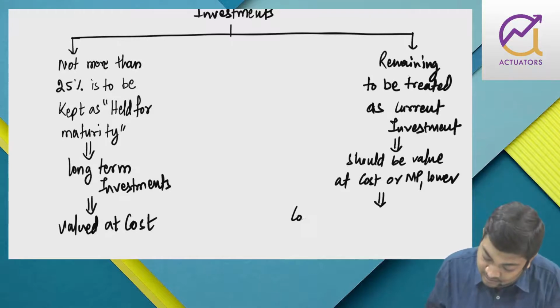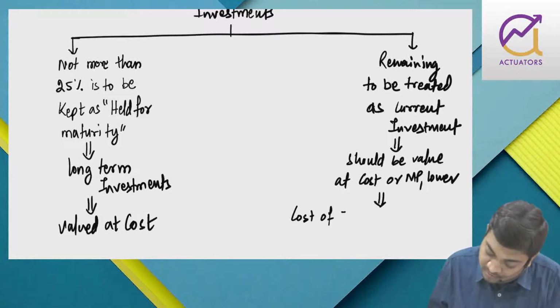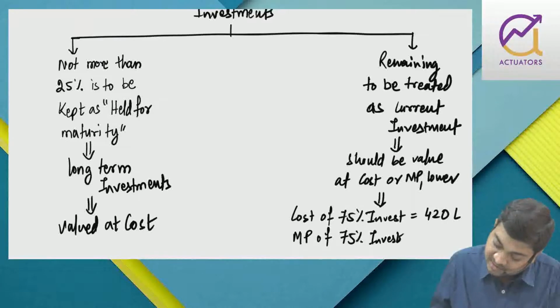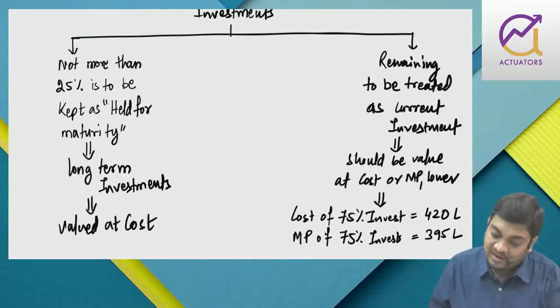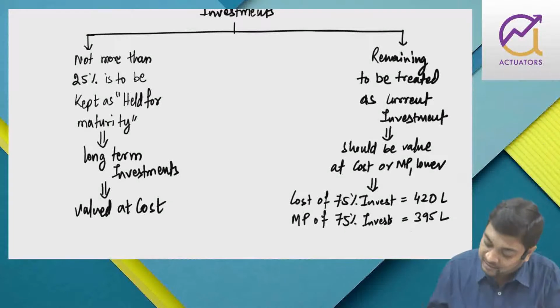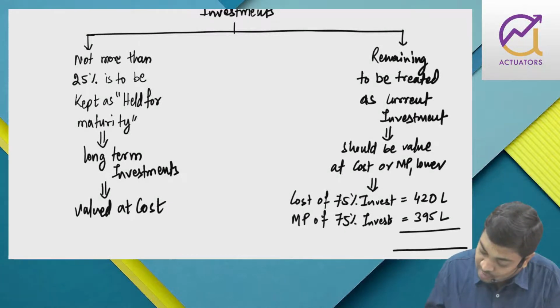Right? Cost of 75% investment is 420 lakhs. Market value of 75% investment is 395 lakh, right? So automatically it should be valued at 395 lakh.